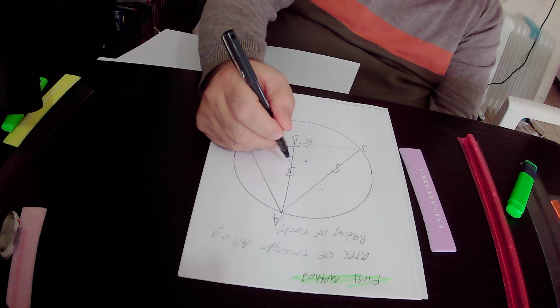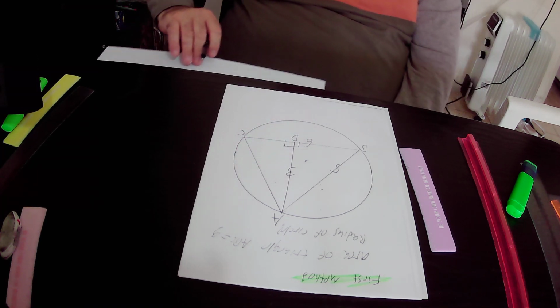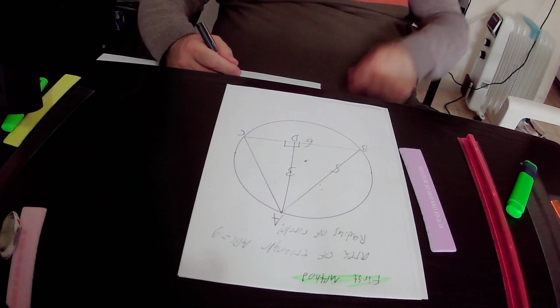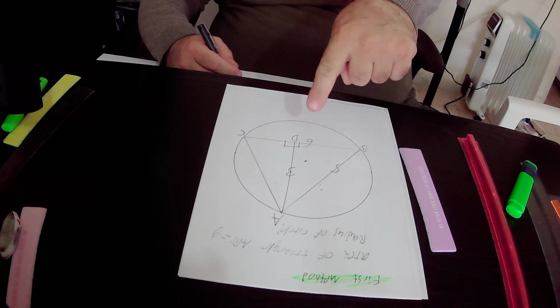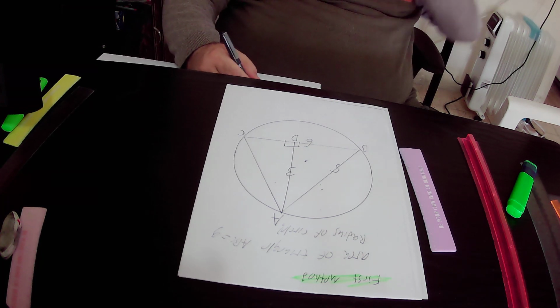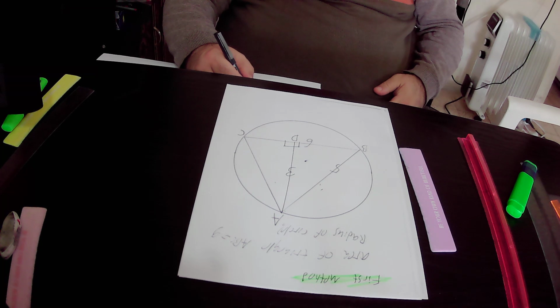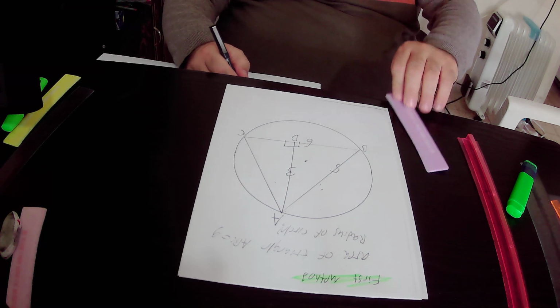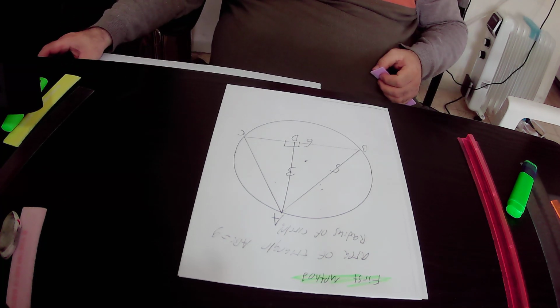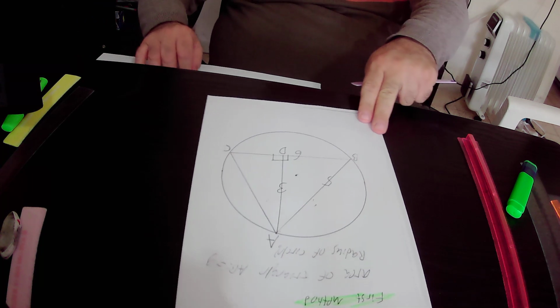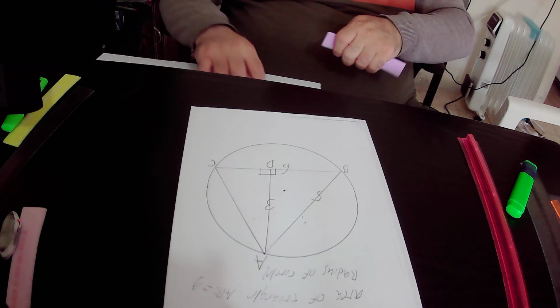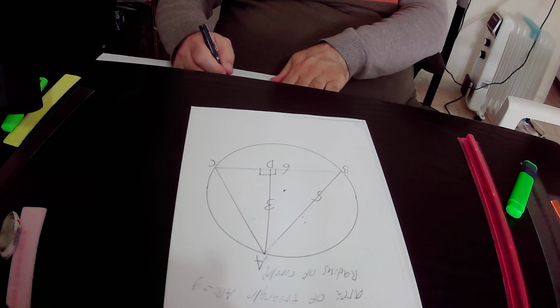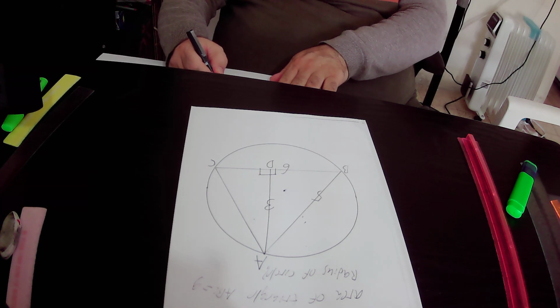In the next step, we'll focus on triangle ABD. Triangle ABD is a right triangle according to our construction, because angle ADB equals 90 degrees. In triangle ABD, we'll implement the Pythagoras theorem. Here, PT is the equation for the Pythagoras theorem.